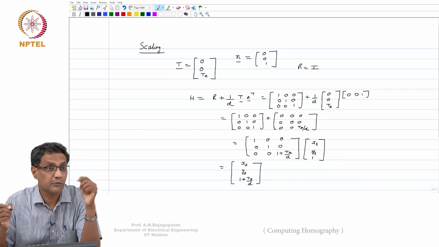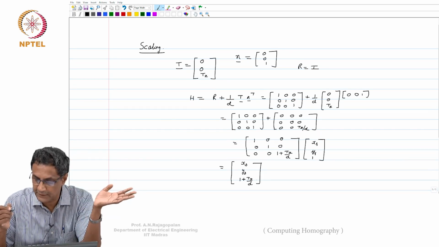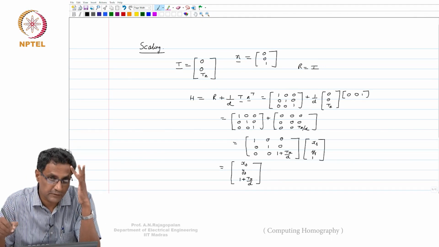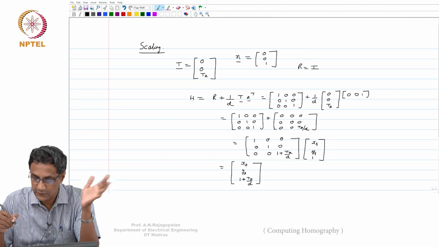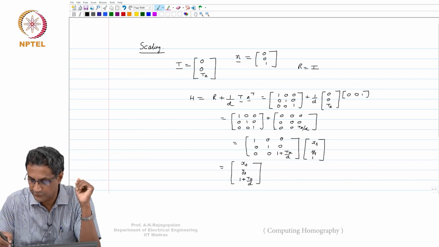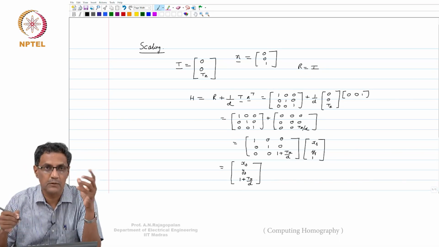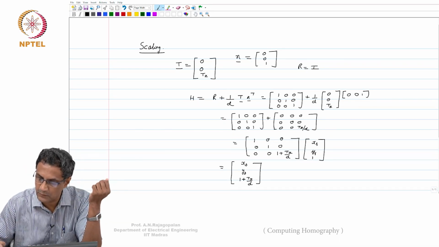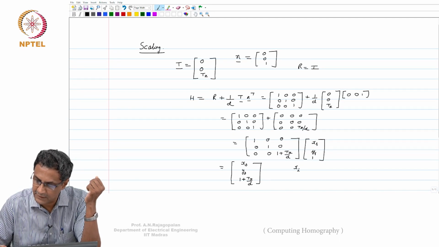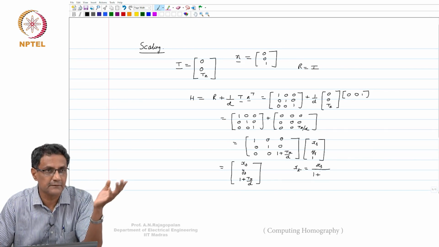Because we are dealing with homogeneous coordinates, in order to get my image coordinates I should scale. The actual xt that I need is xs upon 1 plus tz by d. This I told you already.